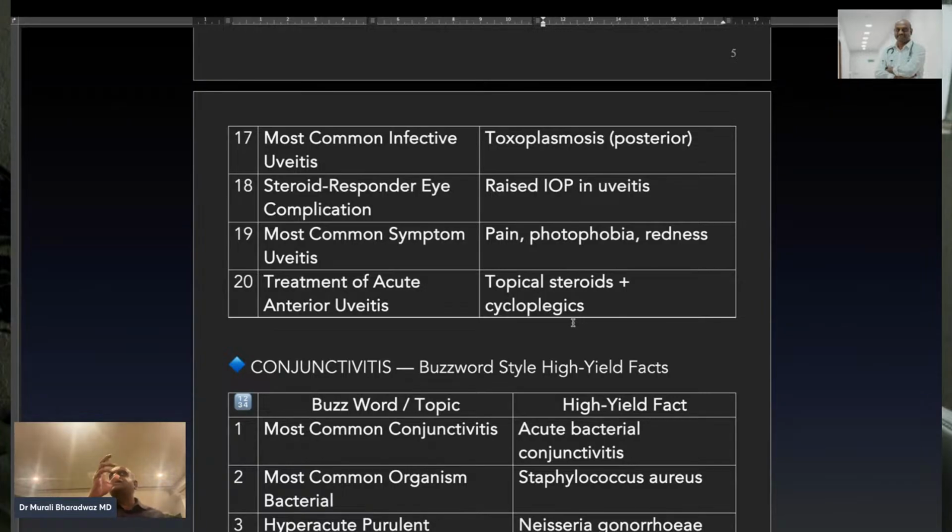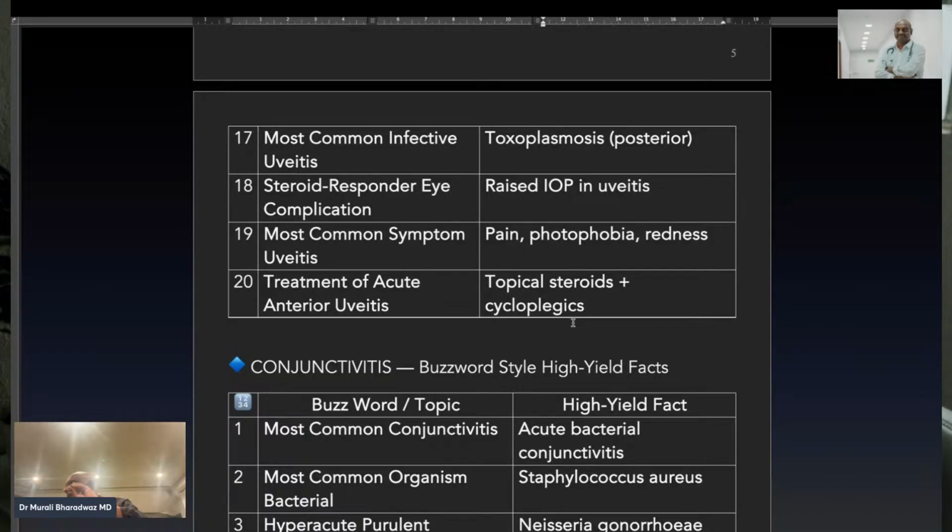So what are the three classical features of uveitis? Uveitis leads to pain, photophobia, red eye. So painful red eye is the classical feature of uveitis. How do you treat? Topical steroid. And why do you give cycloplegics? For accommodation, you have suspensory ligaments, no? The suspensory ligaments which are holding your lens will relax.